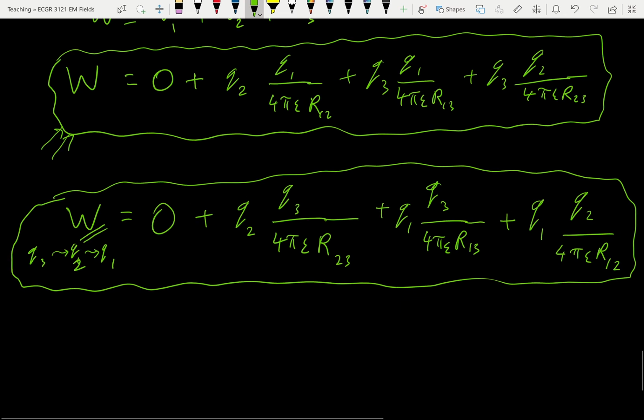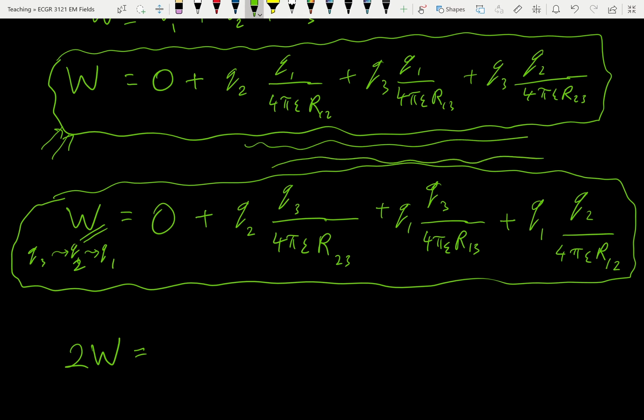I did that now because now I want to sum those two. So I want to take W plus W, which is 2W, right? So if I take 2W, what I can do is I can also sum those terms together, but I'm going to arrange them in a suggestive way.